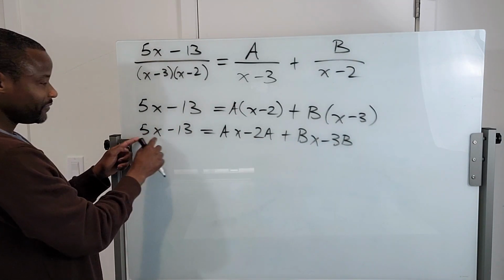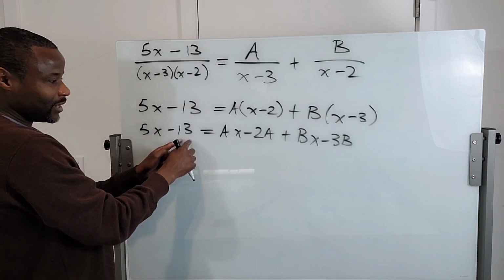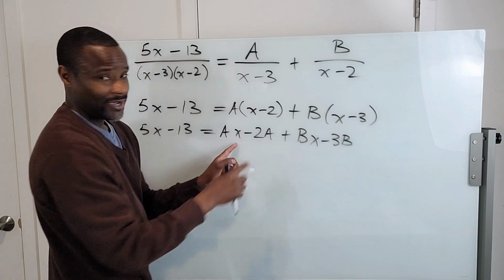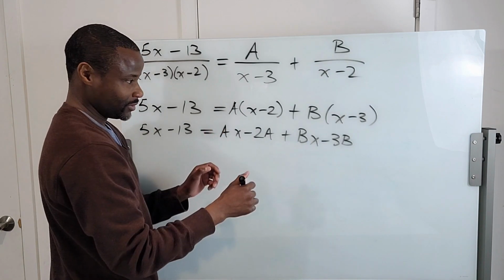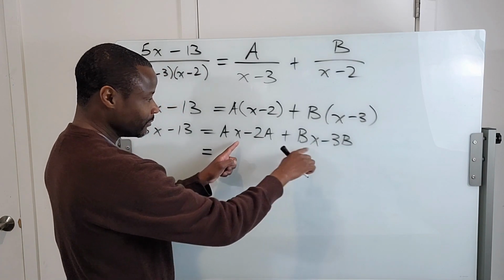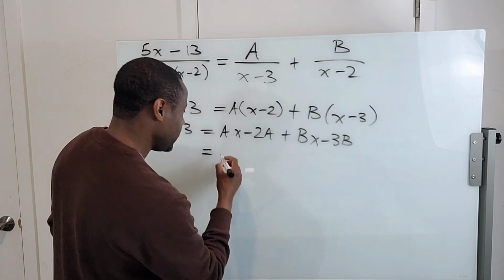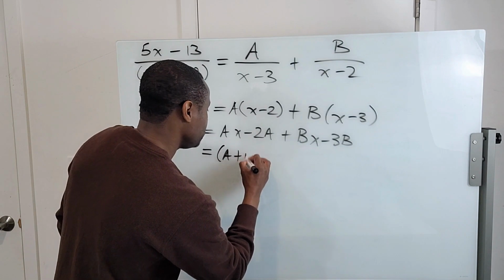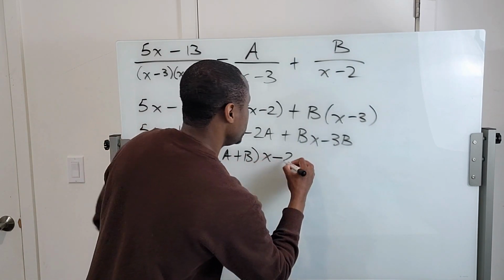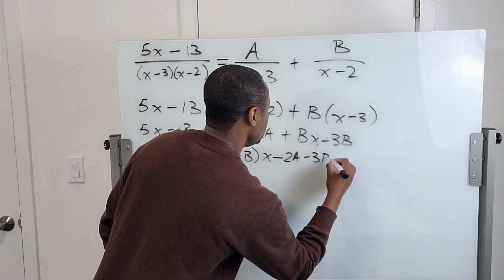So here we have a coefficient of x minus a constant. We want to have a coefficient of x minus a constant. We don't have that yet, so we have to rearrange like terms. So on this side, we're going to have to factor the x. That gives A plus B times x minus 2A minus 3B.